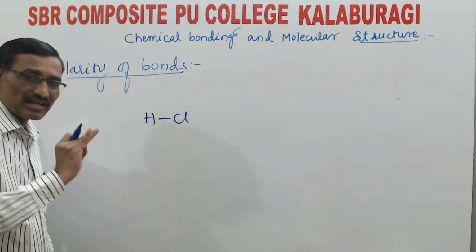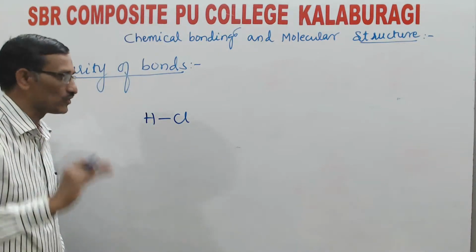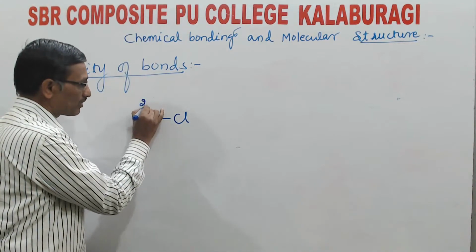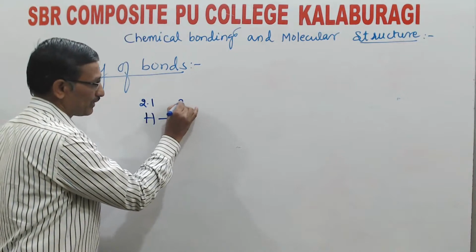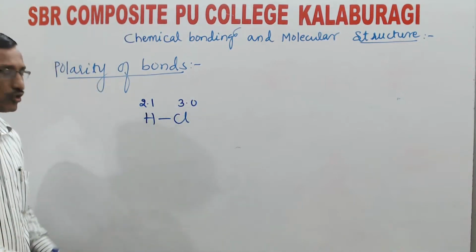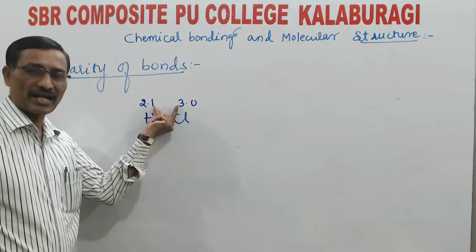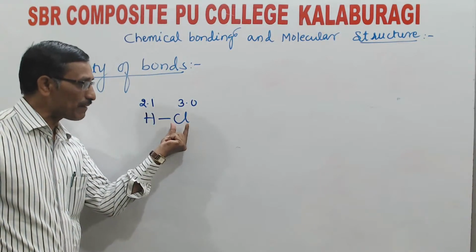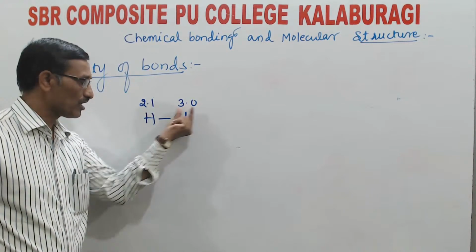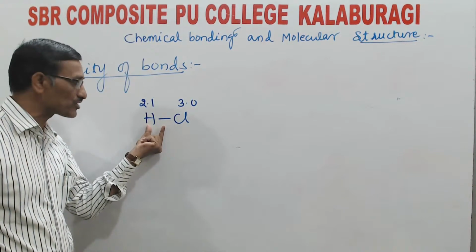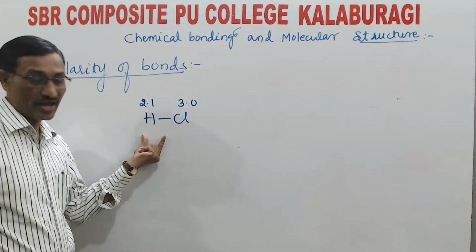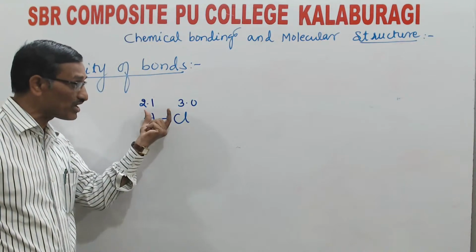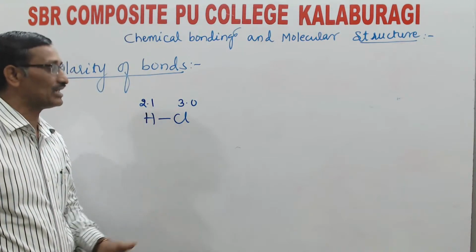Regarding their electronegativity values, hydrogen is 2.21 and chlorine is 3. Due to the difference in their electronegativity values, the chlorine atom acquires a partial negative charge and the hydrogen atom acquires a partial positive charge.